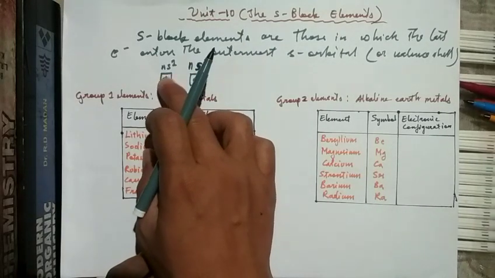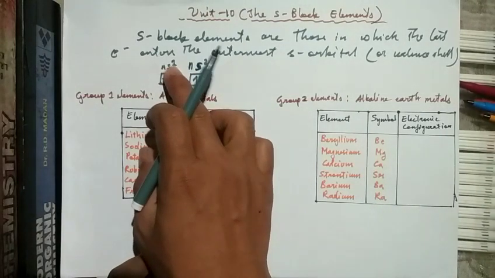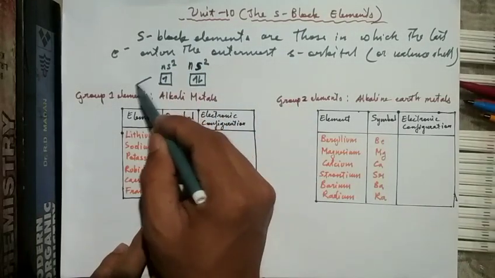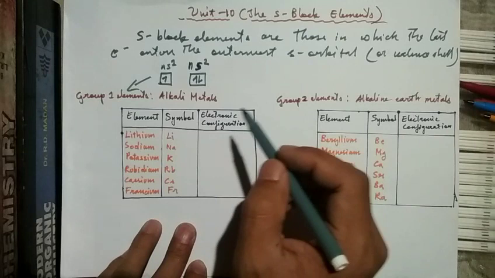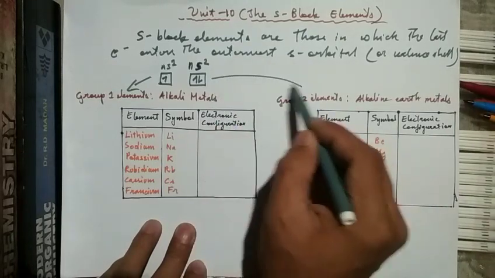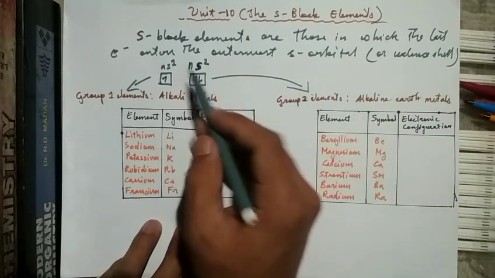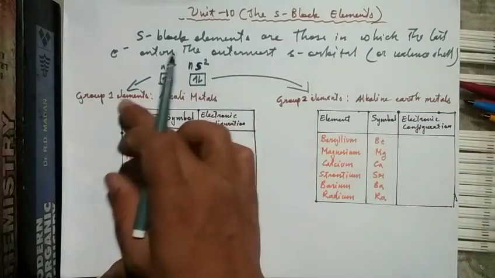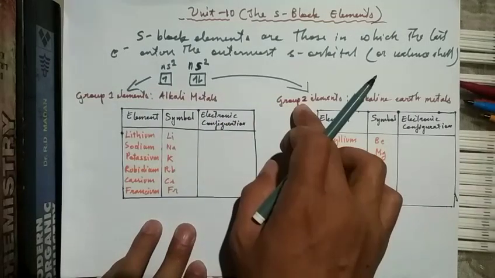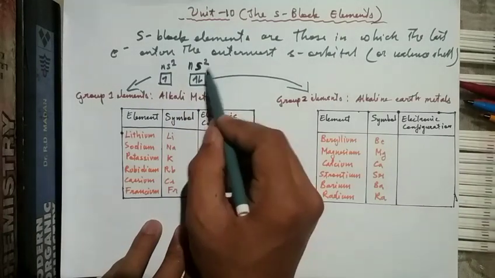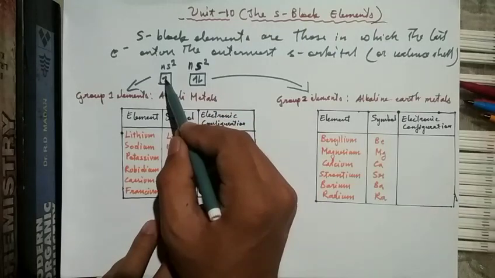When it is the ns1 electronic configuration, this makes it a group 1 element, and for ns2, group 2 elements. So s-block elements can have 2 groups, group 1 and group 2, depending on the number of electrons in the outermost s orbital.